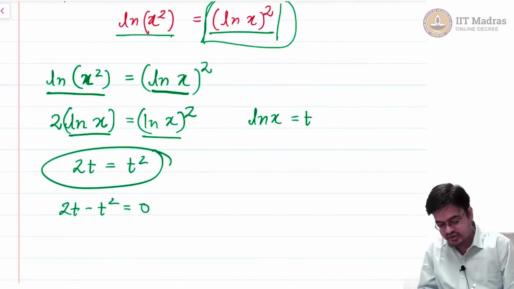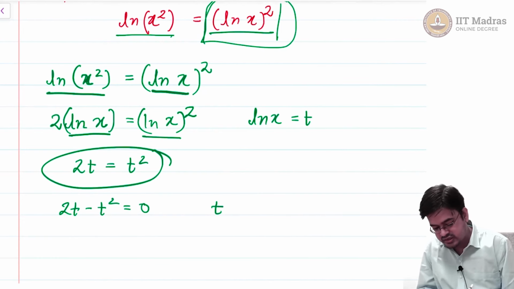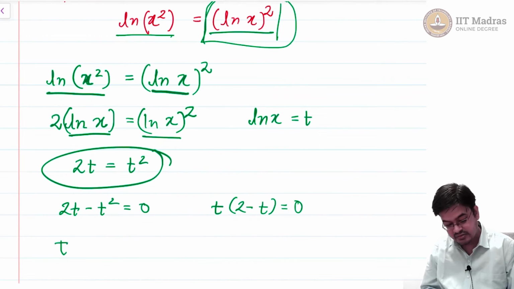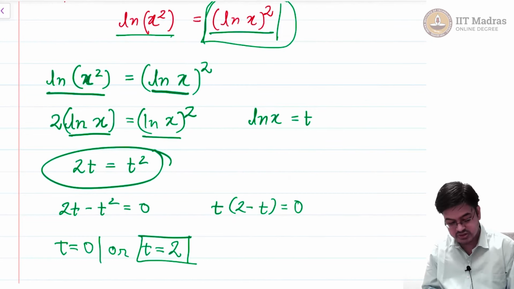Take out t common, so t into 2 minus t is equal to 0, and therefore either t will be equal to 0 or t will be equal to 2. These are the two possible solutions.